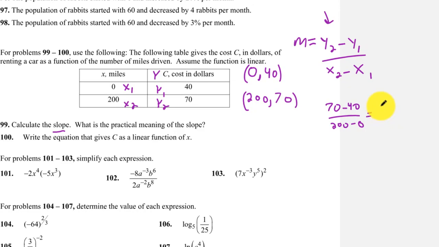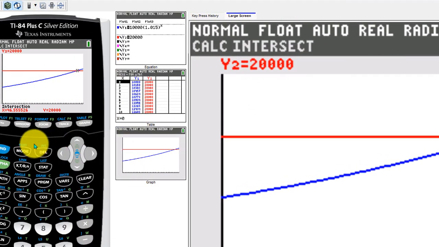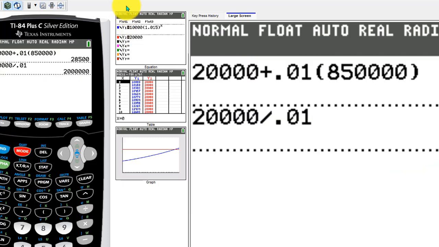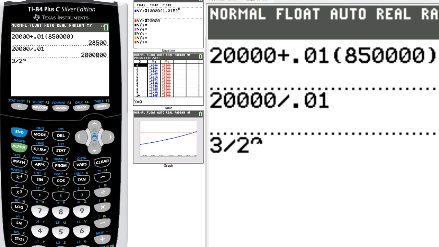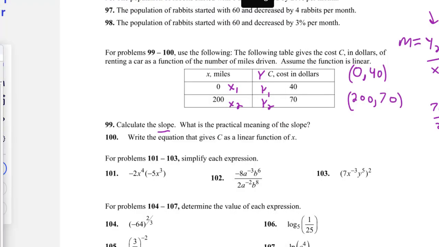So what is that? On top, I get 30 over 200, which is 3 over 20. And if you do 3 over 20 in your calculator, right, because I want to get this into like money, right? So 3 divided by 20 is 0.15, okay? So my slope, I'll use the letter m, equals 0.15.